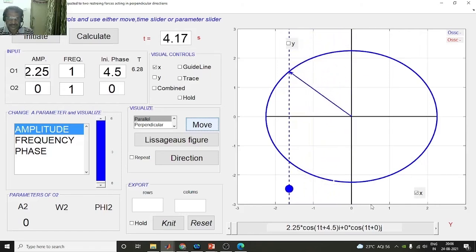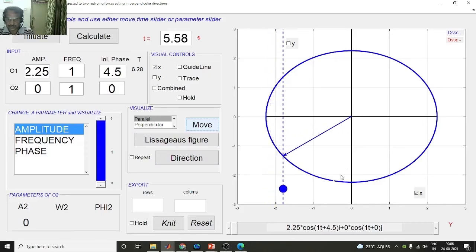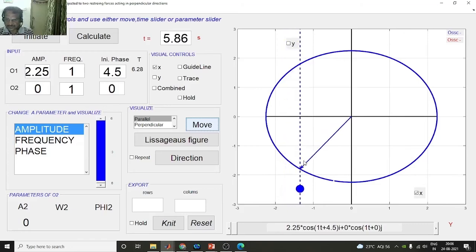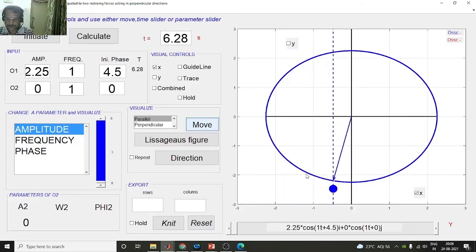As the frequency is 1, the simulation would run for one full time period. It would make one full rotation. So we have seen the effect of amplitude is to change the length of the arrow, and the initial phase is where it will start at t equal to 0.